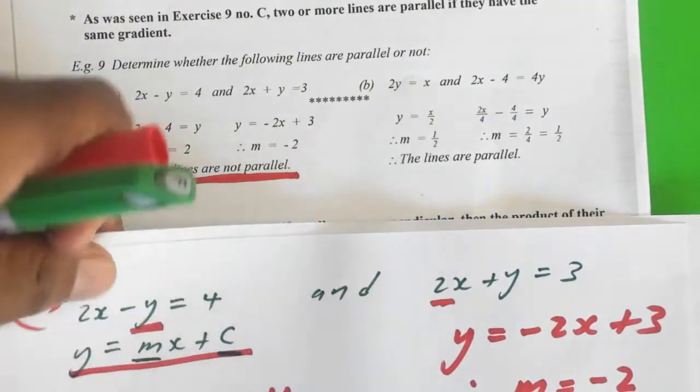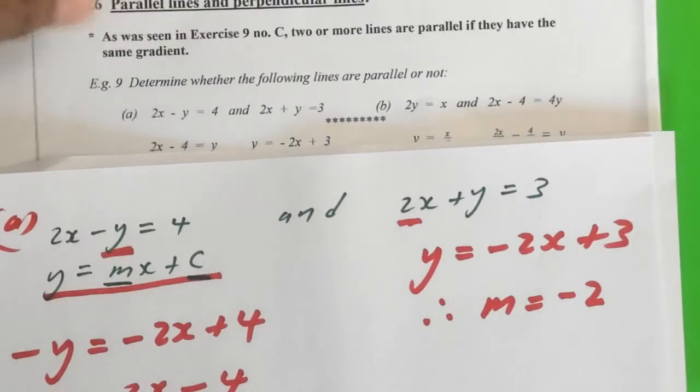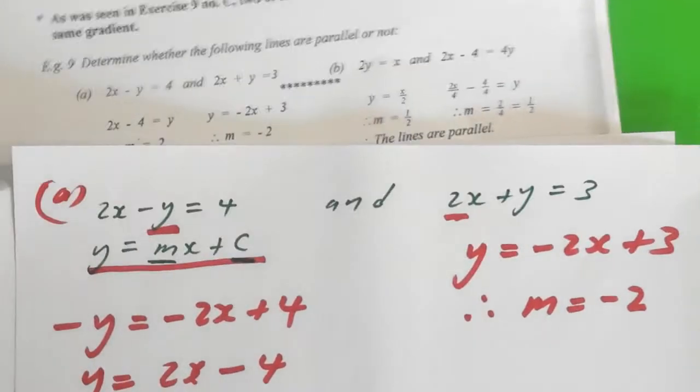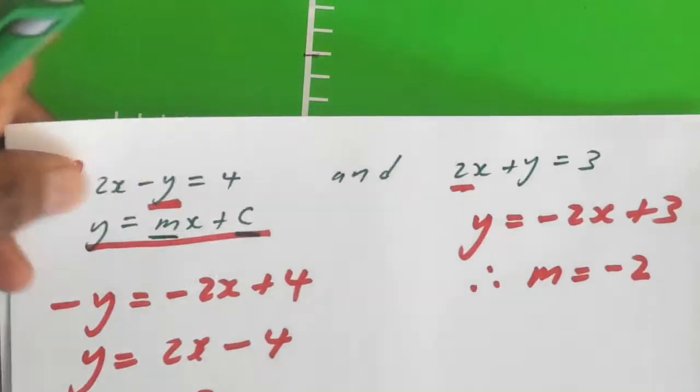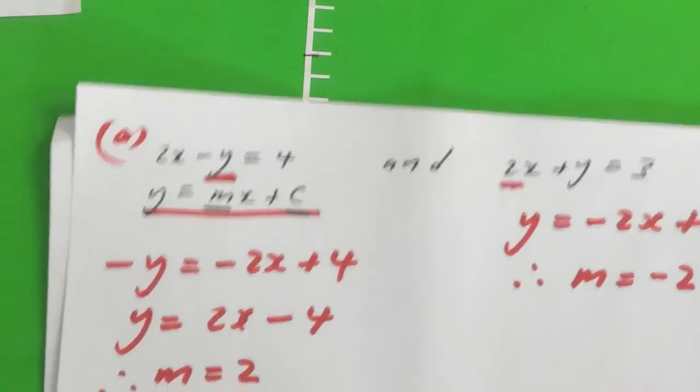Let's look at example B, exactly from your book again. Let me just copy everything again, exactly from your ABC.